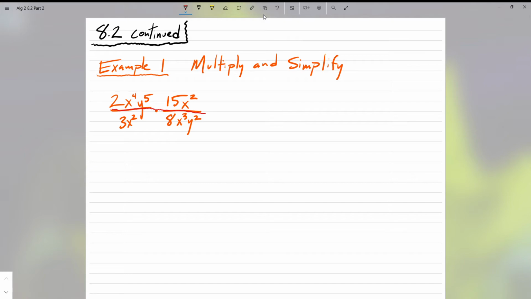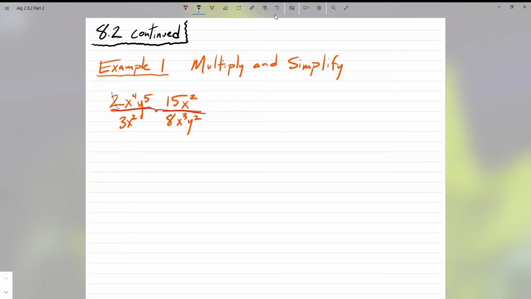So I'm going to simplify any multiplier from the top with any multiplier on the bottom. And I'll just start with regular numbers. So I'm going to say the 2 on the top is compatible with the 8 on the bottom. So I'm going to reduce both of these down. I'm going to pick a different color. Red's kind of hard to see there.